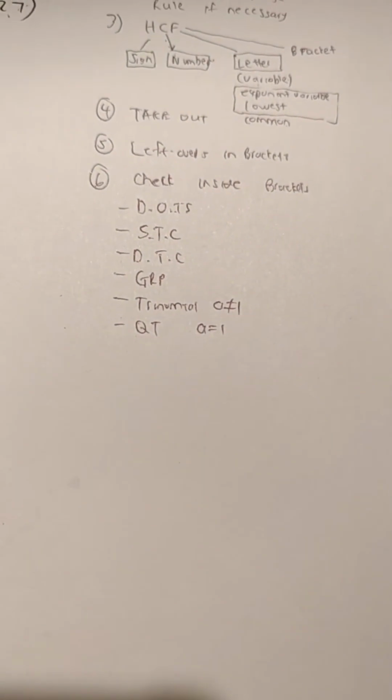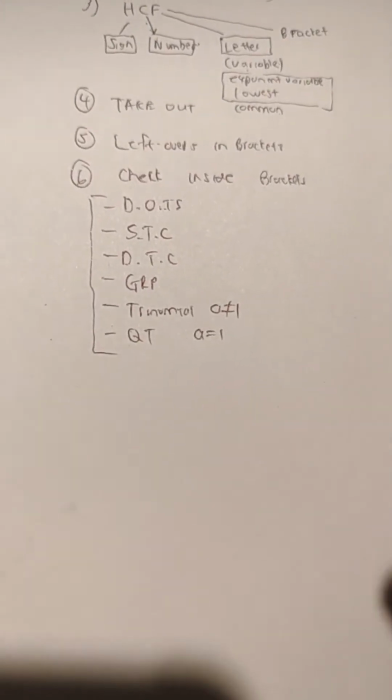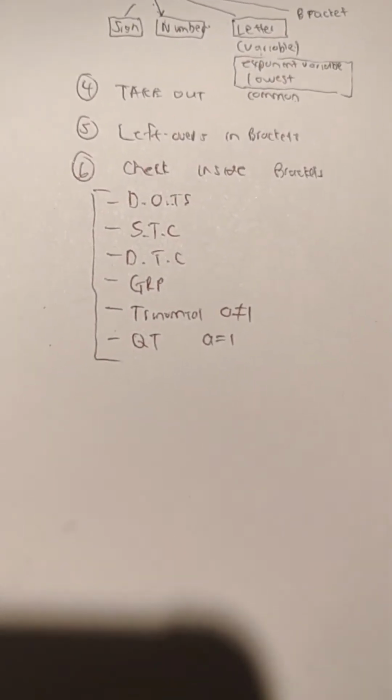Do we need to apply advanced trinomial factorization, or do we need to apply basic quadratic trinomial factorization where a is equal to 1? When you have checked out all the different types of factorization that are possible for what is in the bracket and you cannot factorize any further, you then do your last check, which is inside the brackets.